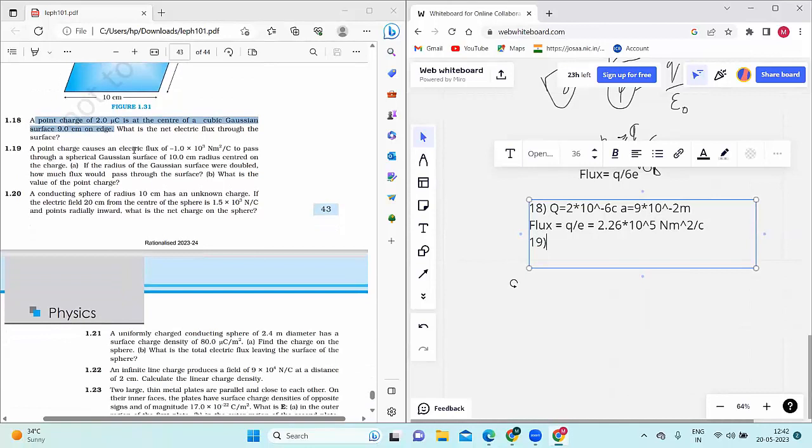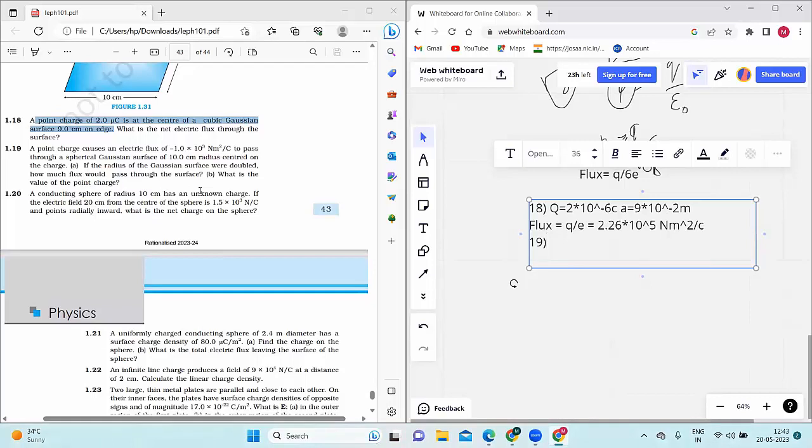A point charge causes an electric flux of -1 into 10 power 3 Newton meter square per coulomb to pass through a spherical Gaussian surface of 10 centimeter radius centered on the charge. If the radius of the Gaussian surface were doubled, how much flux would pass through the surface?